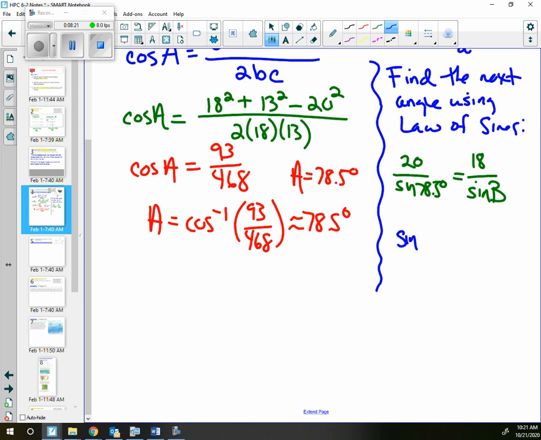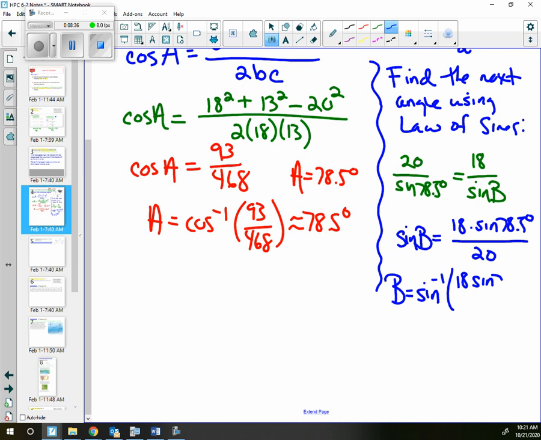All right, so we're going to cross multiply and divide. The sine of B would be 18 times the sine of 78.5 divided by 20. And then remember, we have to do the inverse. So inverse sine of 18 times the sine of 78.5 divided by 20. Everybody has their own way of typing this in.